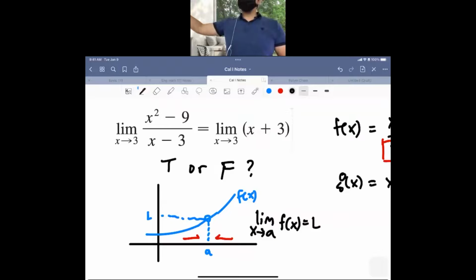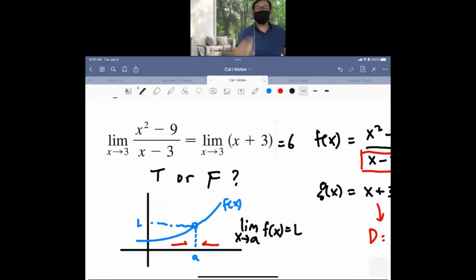It's not defined at 3, but when we take the limit, they both will get some L.